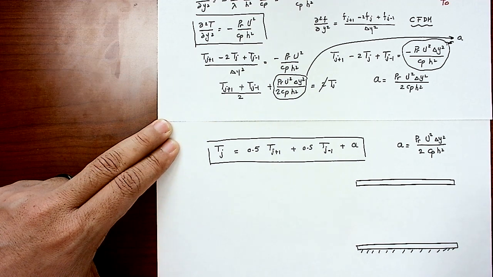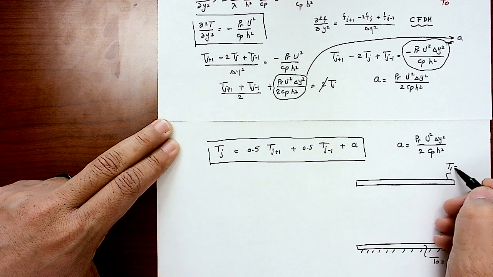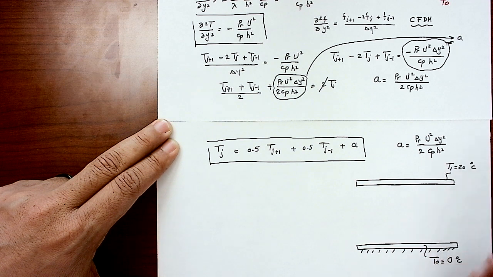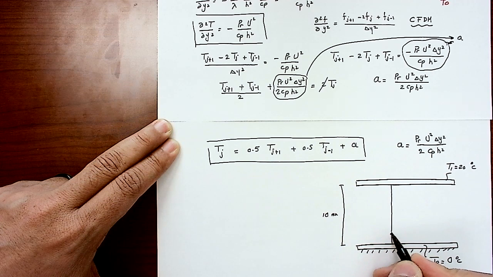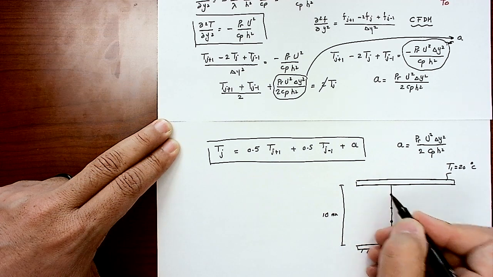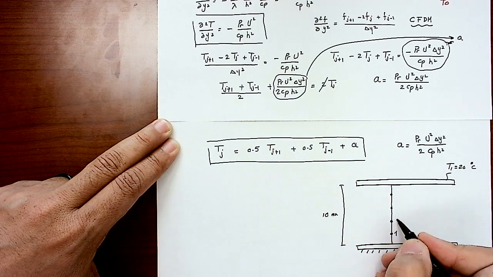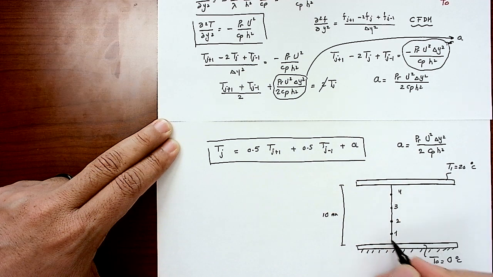Let's assume that T node is equal to 0 degrees C. I'm going to set that temperature T1 to be 20 degrees C. I will set this distance here to be 10 millimeter. I'm going to divide the domain into 5 segments. So that's node 1, node 2, node 3, node 4. So each segment here is delta Y equal to 2 millimeter.